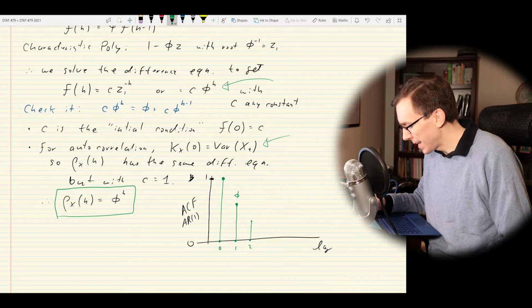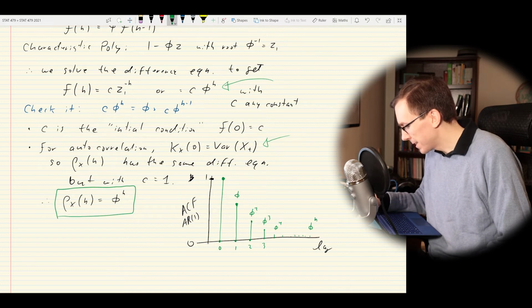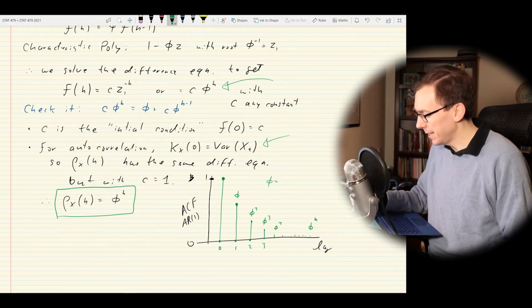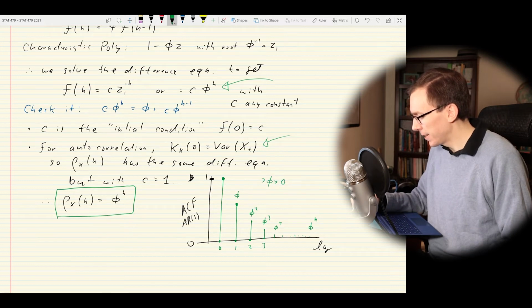And then we're going to have something like this, which is going to be phi squared, phi cubed, phi to the 4th, and so on. Again, phi to the H. This is also assuming that phi is greater than 0, but less than 1.